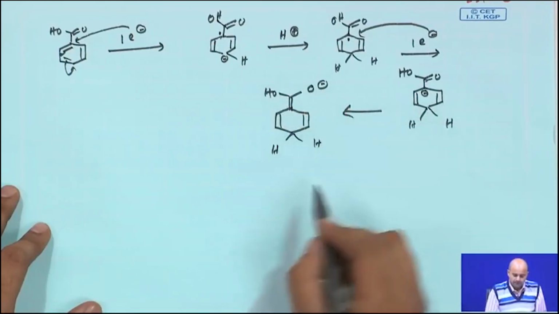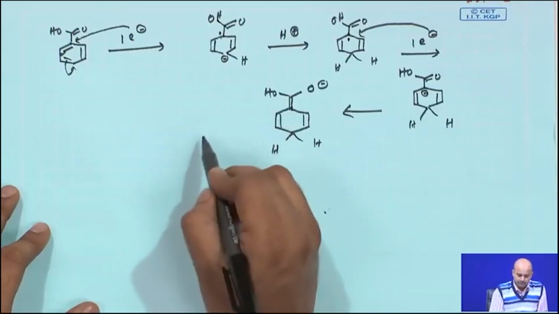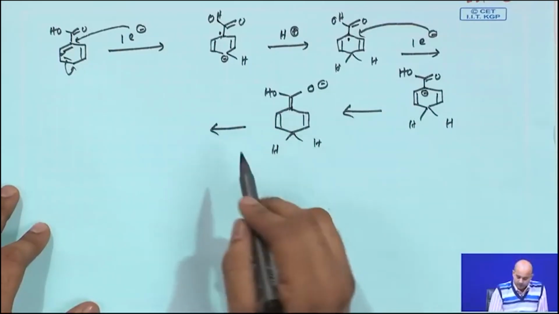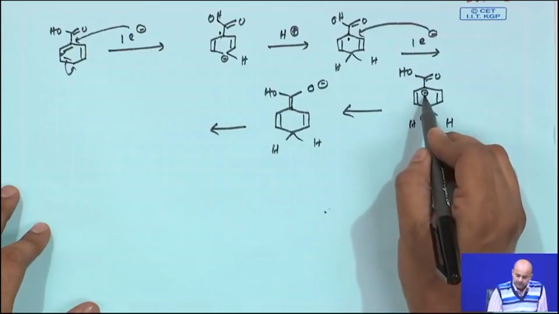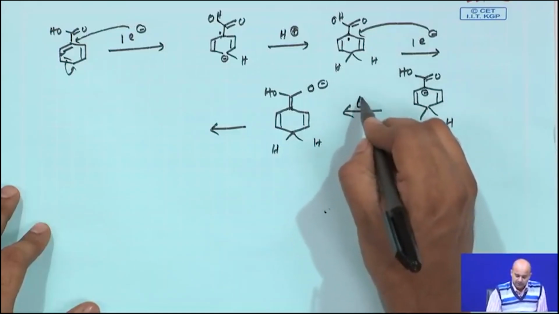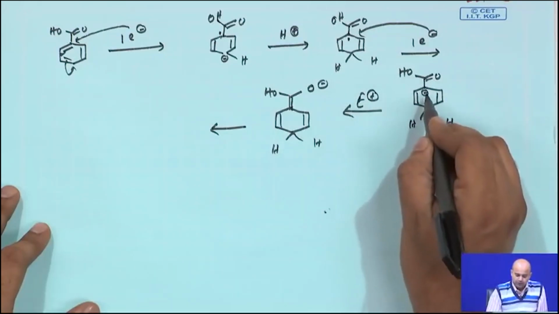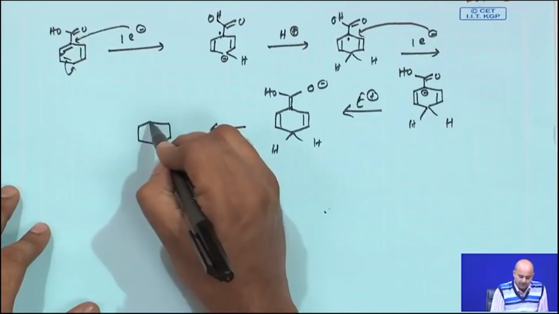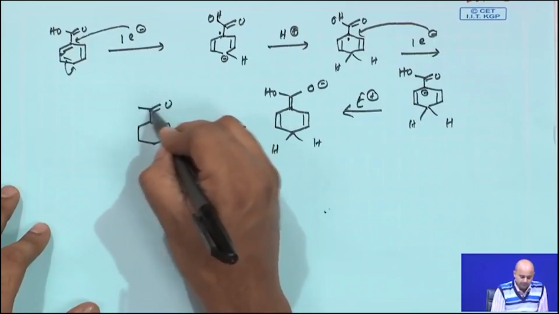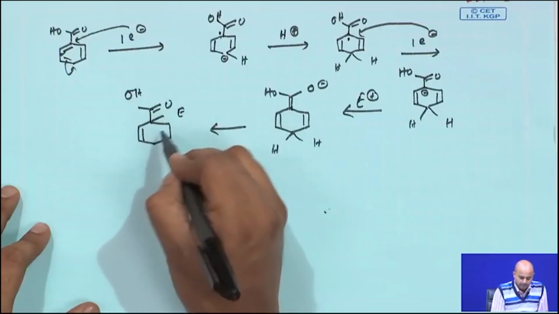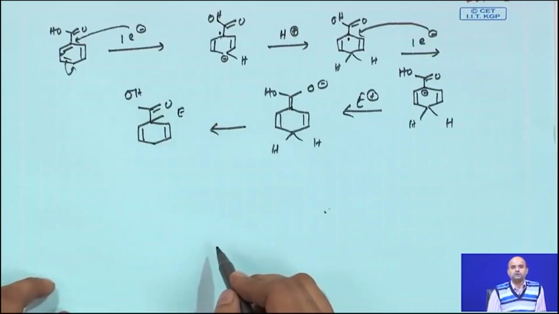This is the main reason why, when you have an electron withdrawing group, it can do this kind of regiochemistry. Now, as you have a negative charge here, it can be trapped efficiently by an electrophile, and you can get a carbon-electrophile bond with this kind of structure.